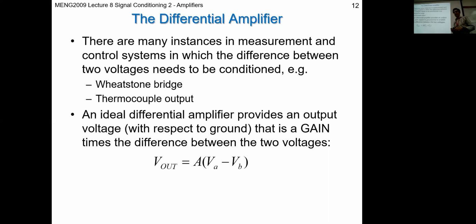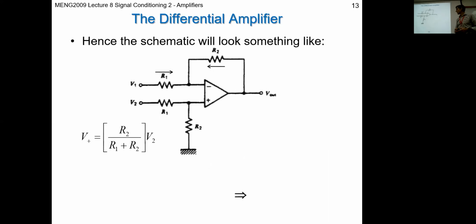An ideal differential amplifier will provide you an output voltage that's the gain times whatever the difference in voltage is. So now, instead of having just one voltage in, you've got the difference and you're multiplying that by some gain. And this is how the diff amp is configured.